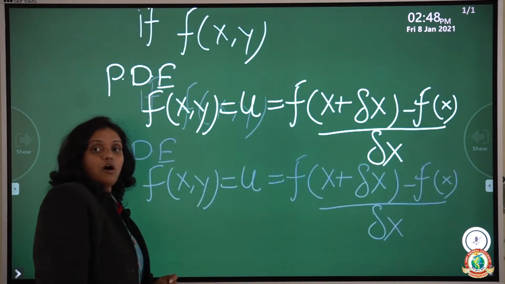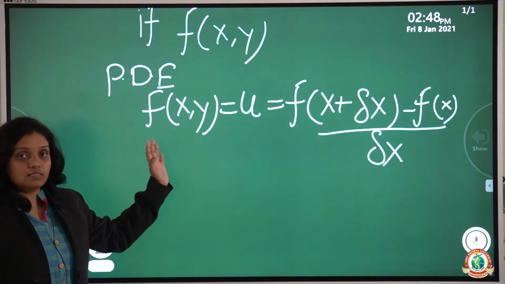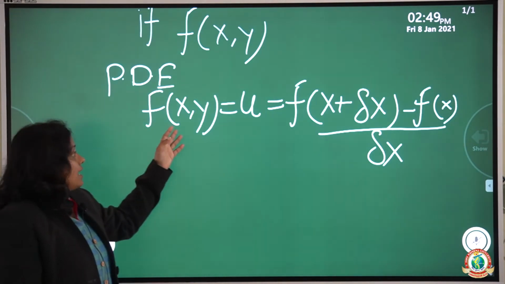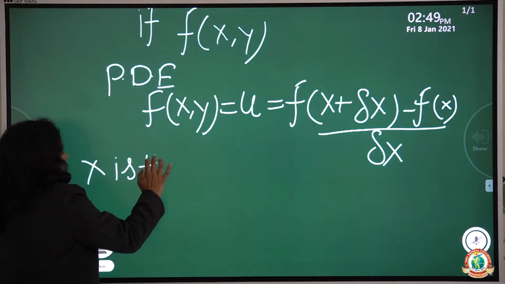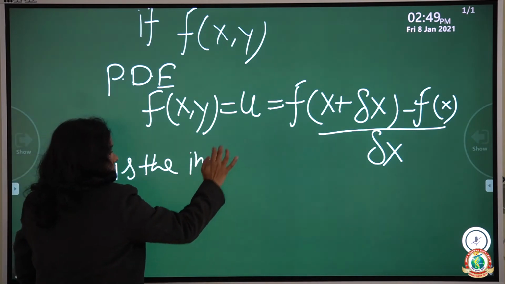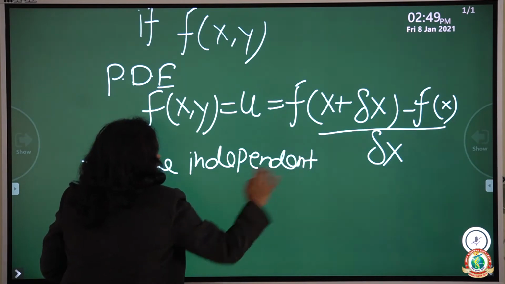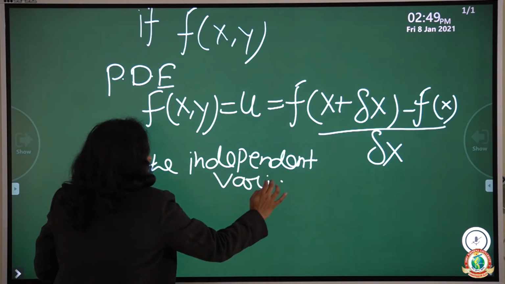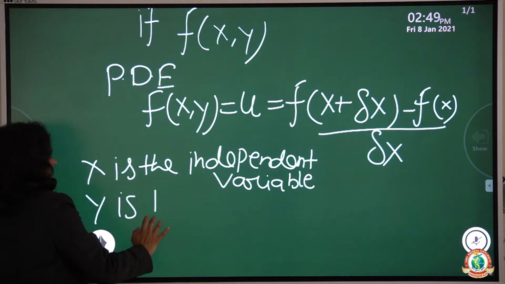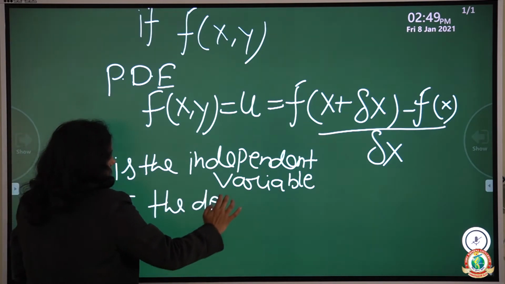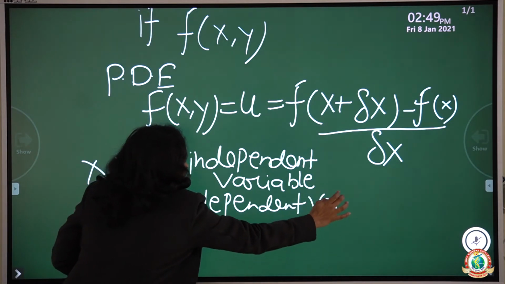This is the formula of the partial differential equation for a function f of x and y, where x is the independent variable and y is the dependent variable.